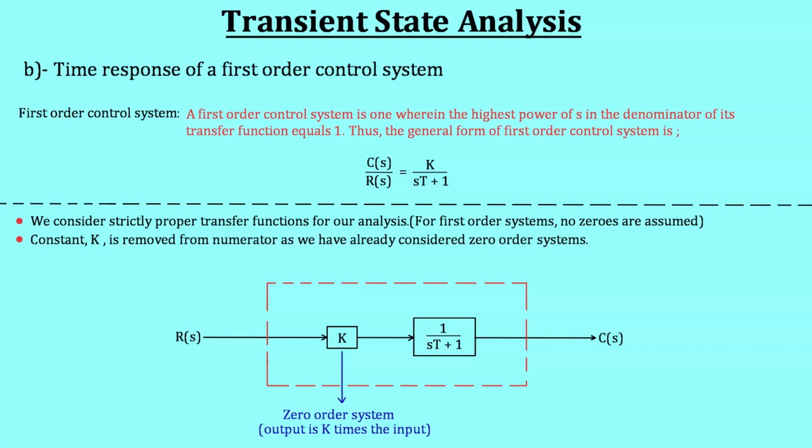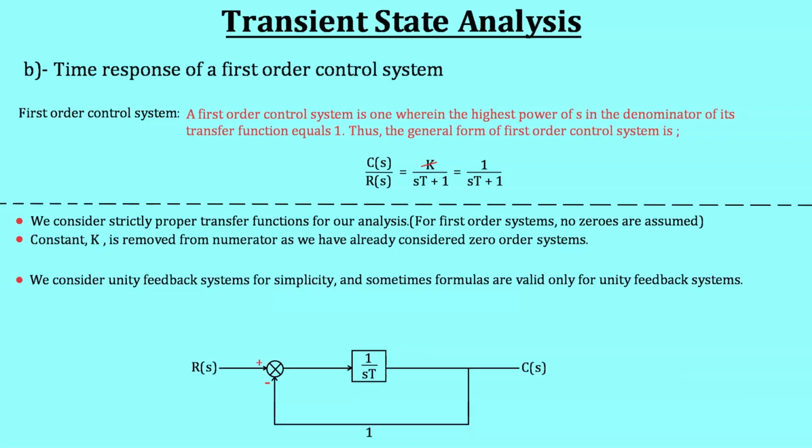Here we can say that the block consisting of k is a zero-order system which simply multiplies the input k times to get the output. So eventually, the major parameters or characteristics of the first order system response will depend primarily on the second block in the block diagram. So it will be better if we modify the general form of the transfer function by eliminating the constant k.